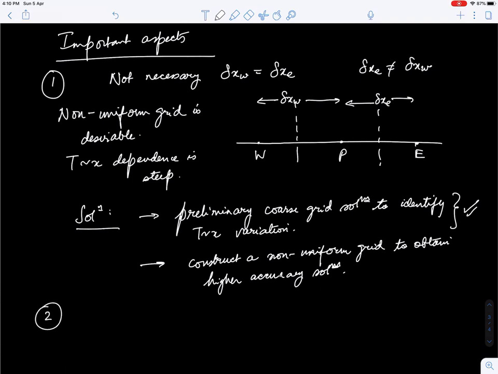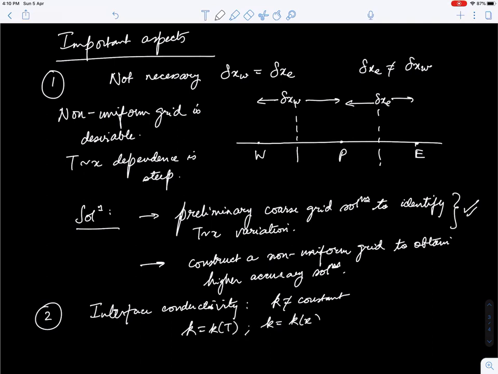The second aspect which we need to worry about, and which we have not looked into in great detail, is how we choose the conductivity at the interface. Note that if k is not constant, k could be temperature dependent, or k could be space dependent, or it could be both.